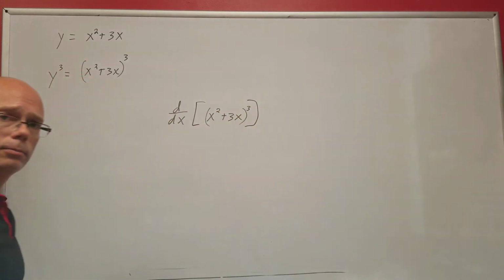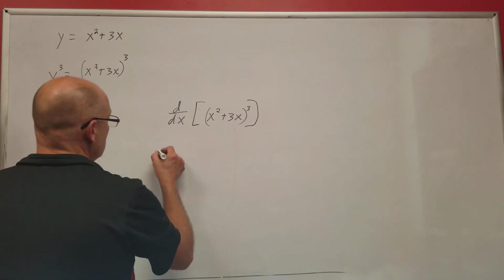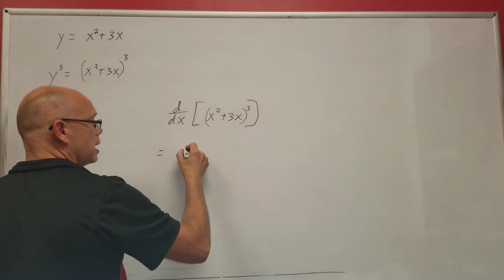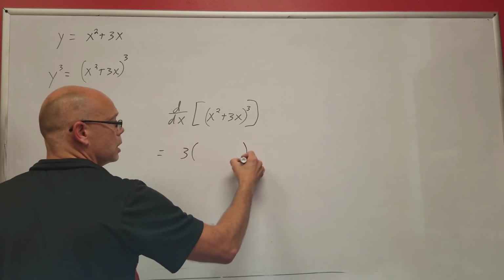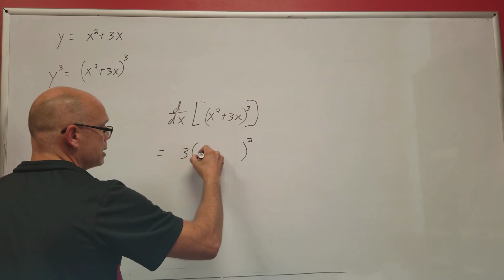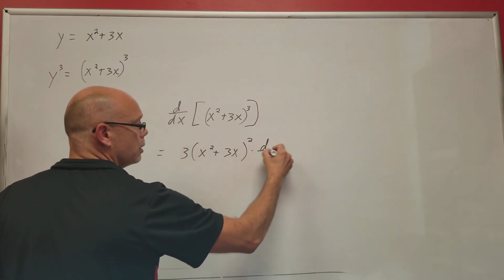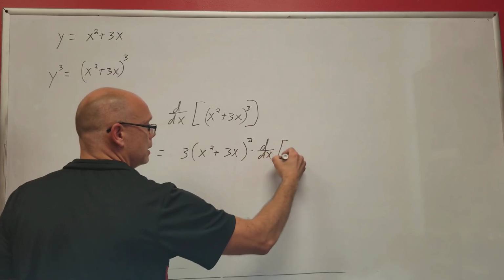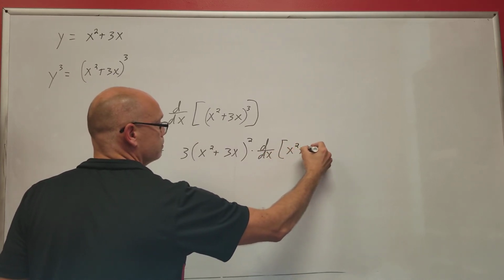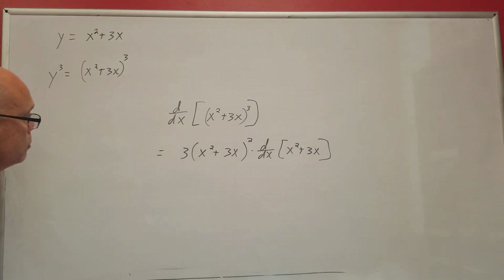How would I do that? I would use the chain rule again. The derivative of the outside gives me 3 times something squared, that stuff at the inside, times the derivative of the inside.